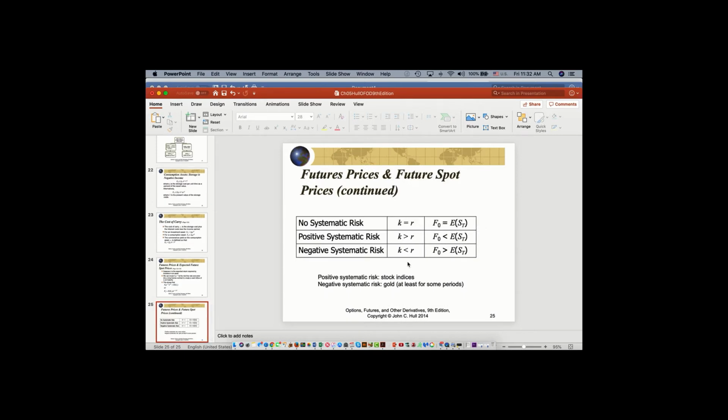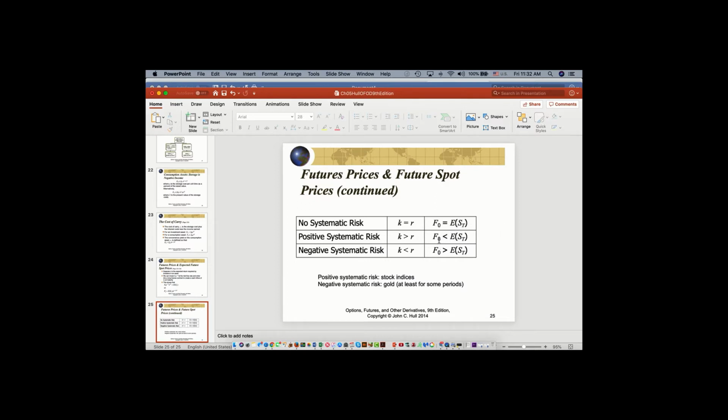The most important slide is this one, where K is the required rate of return and the interest rate or cost of carry is this. At that time, your expected future spot rate, which you have to generate in order to invest in your primary asset, has to be equal to F sub 0, which is basically the flat line that we saw.